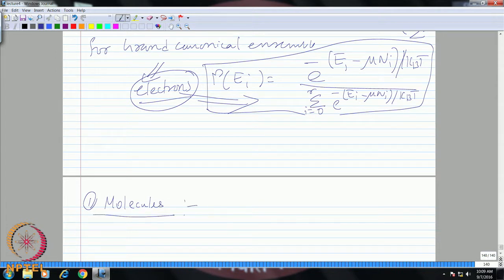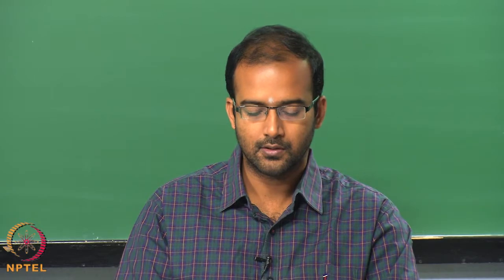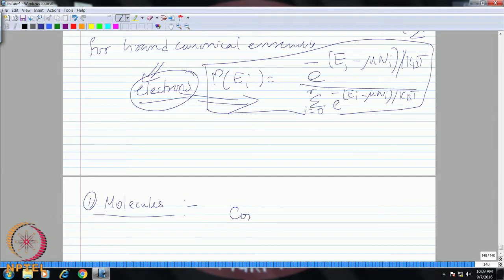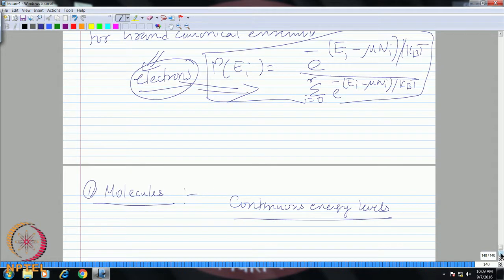We do not even have to do any quantum mechanics to understand the energy levels of these molecules. These are basically continuous energy levels, right. You do not have to apply any quantum mechanic principles for determining the energy levels here.